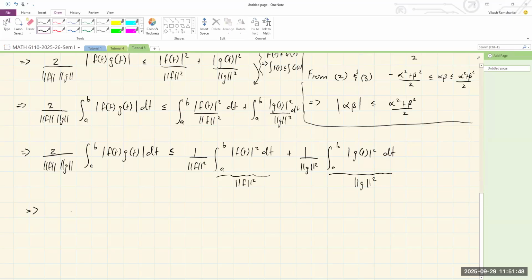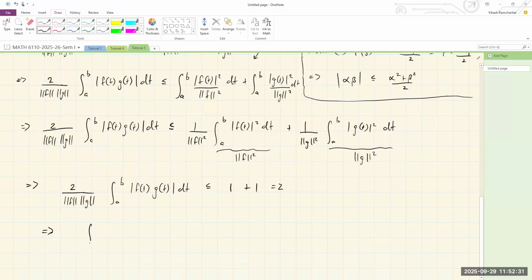So what we get is 2 over norm f, norm g, times the integral from a to b of f of t, g of t, dt, is less than or equal to 1 plus 1, which is equal to 2. I'm just going to cancel 2's on both sides and take this over to the right-hand side. So the last line here will be the Cauchy-Schwarz inequality.